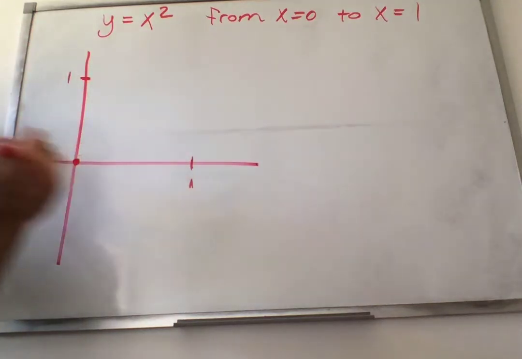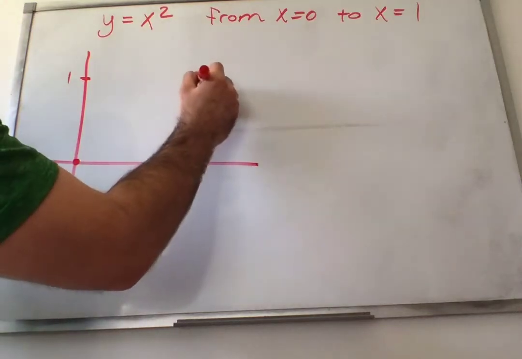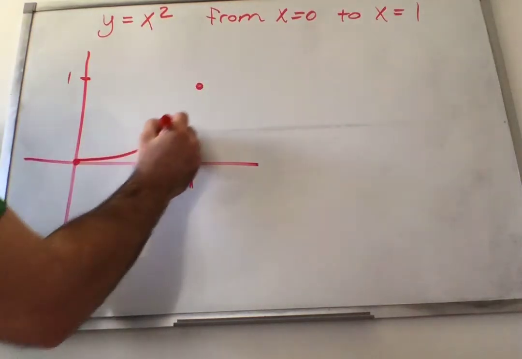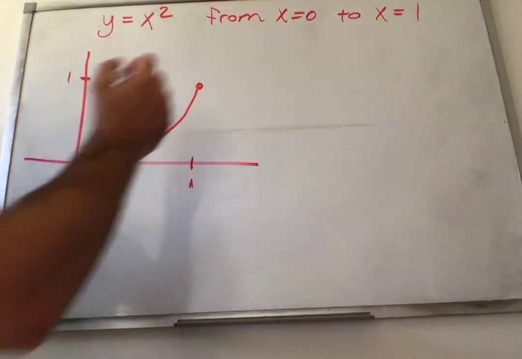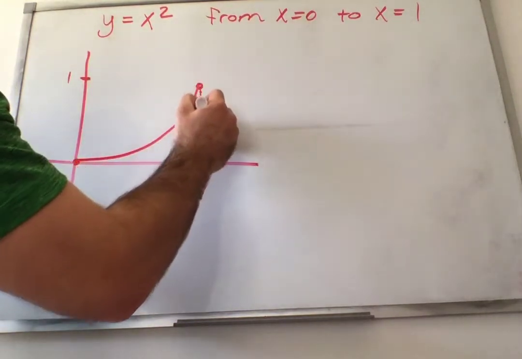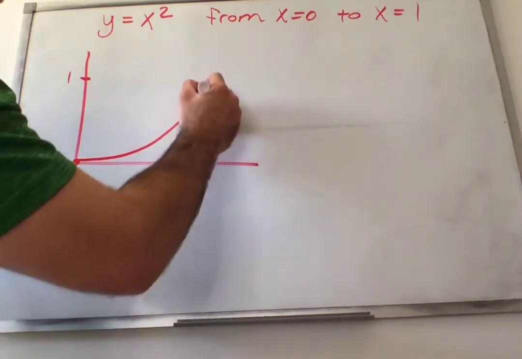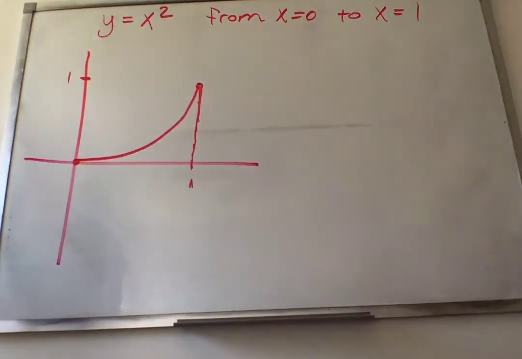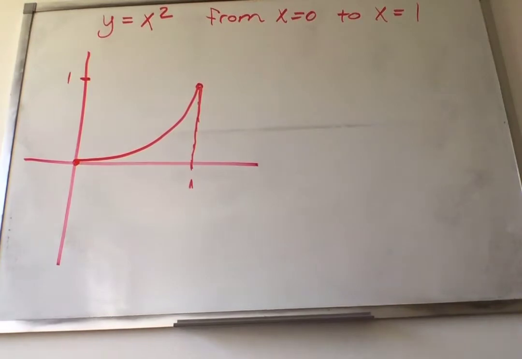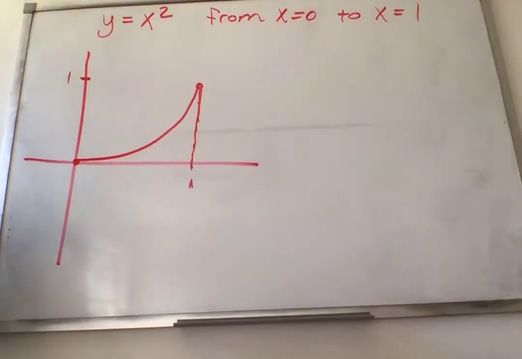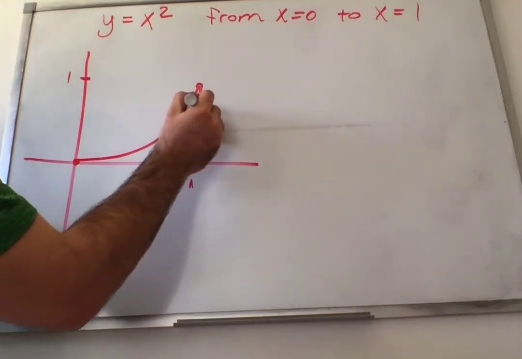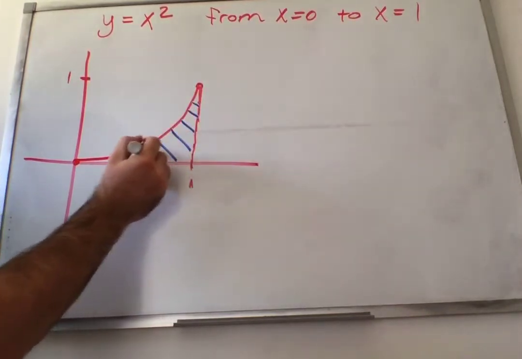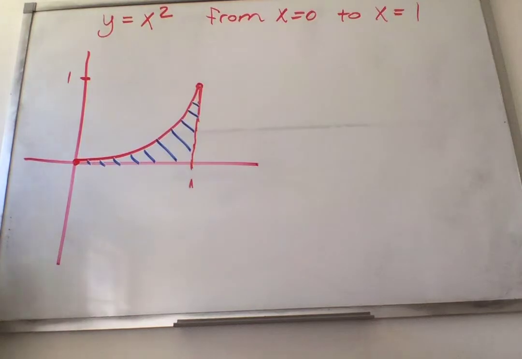It would start here, and then the graph would look something like that. Now, I can make it solid. What if I wanted to know what the area of that shape is?